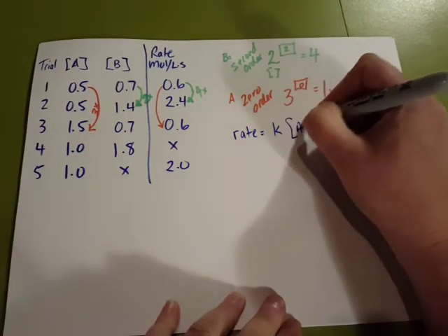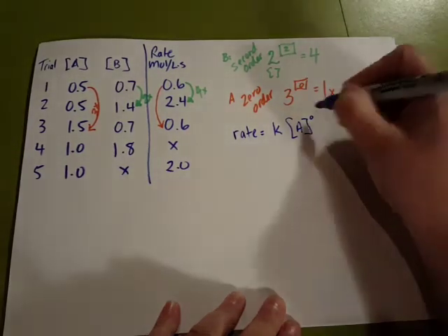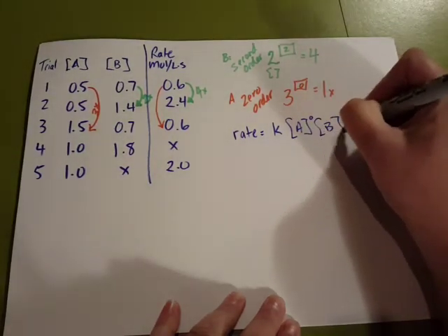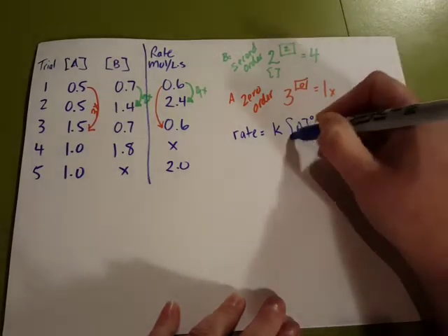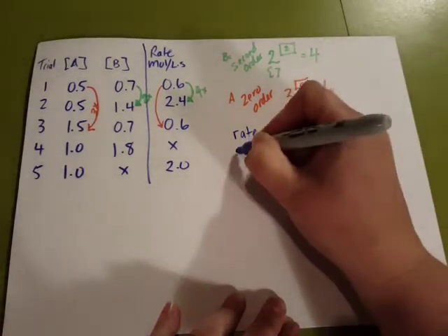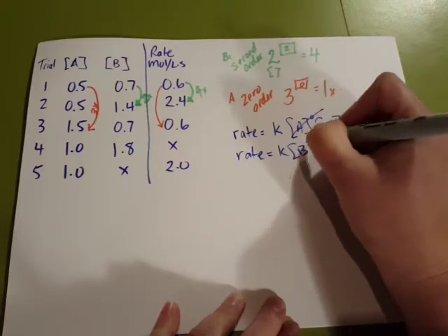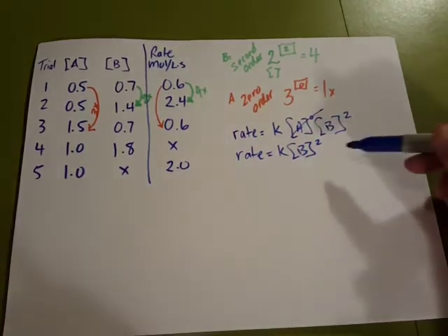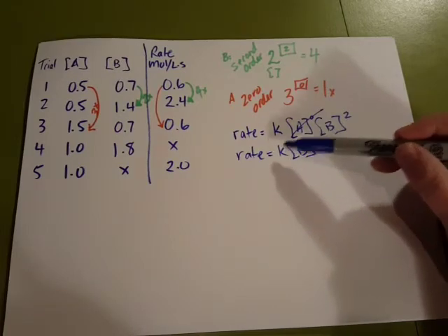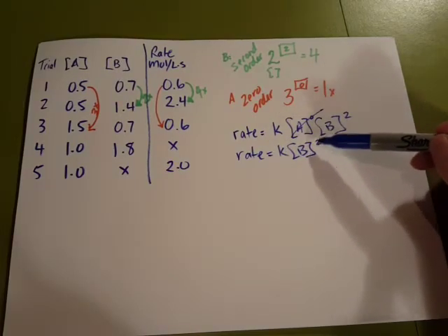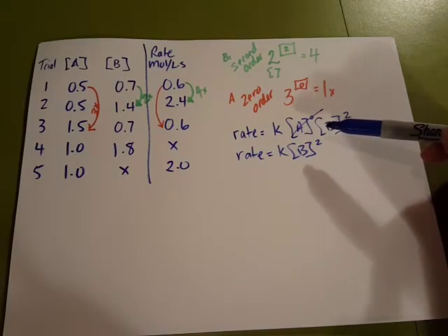Normally we would be saying, yay, it's a 0 order reactant, and B is a 2nd order, but we don't actually show that. So for our final answer, we would only be showing rate equals K times the concentration of B squared.